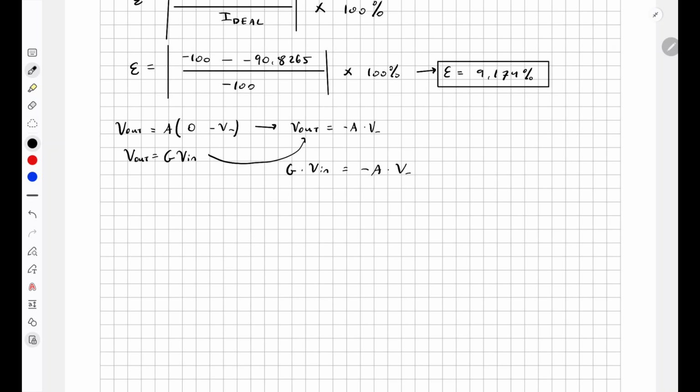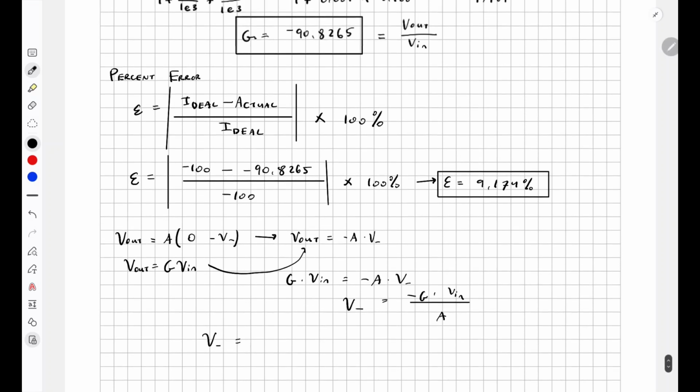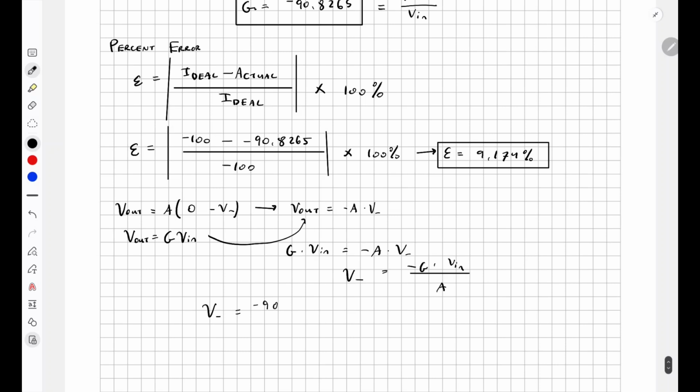Again, the objective is to find the voltage at the inverting terminal if V in is fed with 0.1. So we can find that V minus is equal to negative G times V in divided by A. Just plug everything in. G was negative 90.8265, and a negative minus a negative becomes positive, times V in.